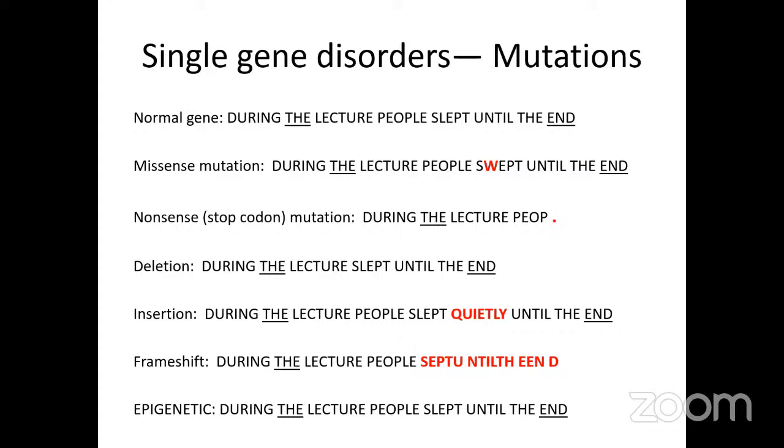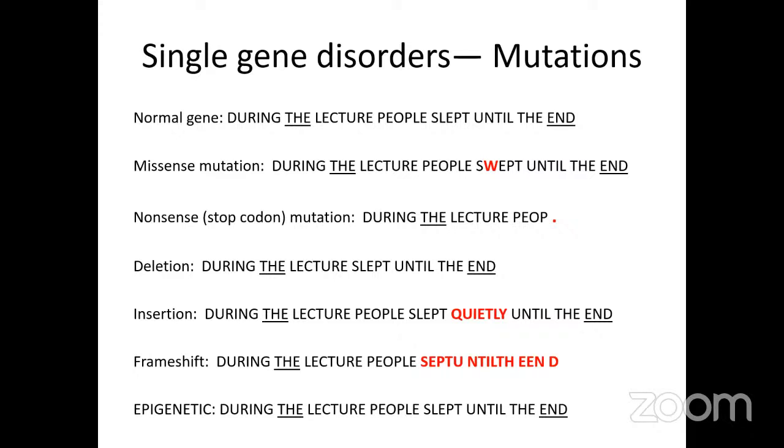There is something called a nonsense mutation or a stop codon mutation. Here, during the lecture, then there is a full stop, instead of L, and there is nothing beyond that. So the change results in a nonsense codon, which leads to a truncated protein.